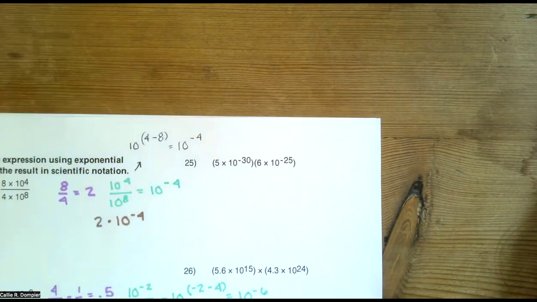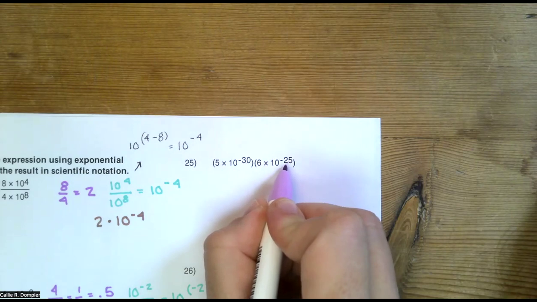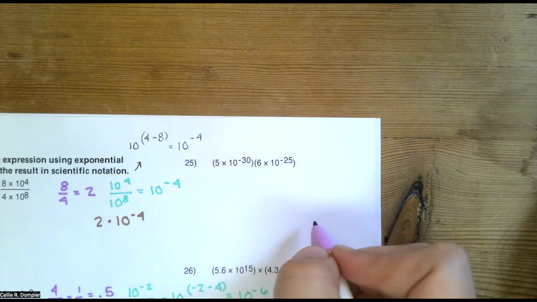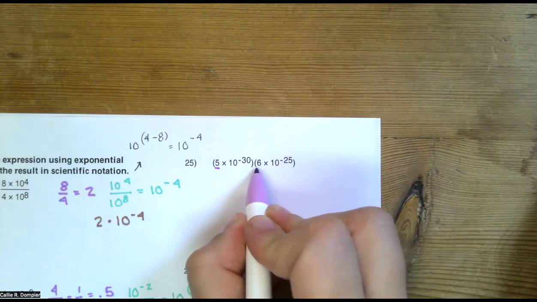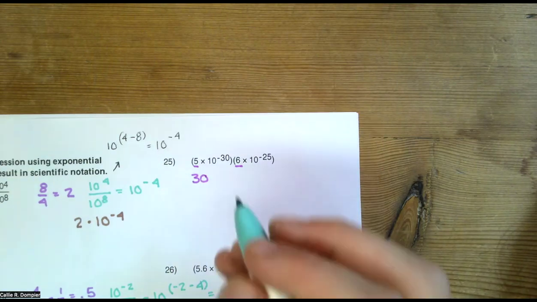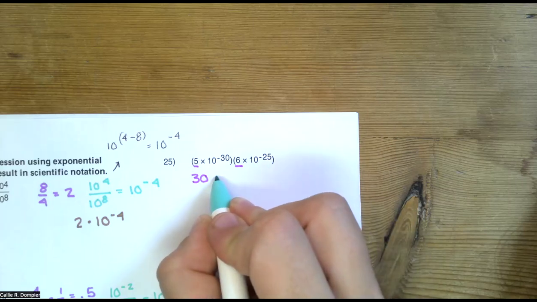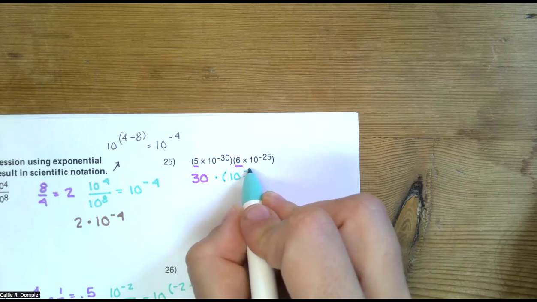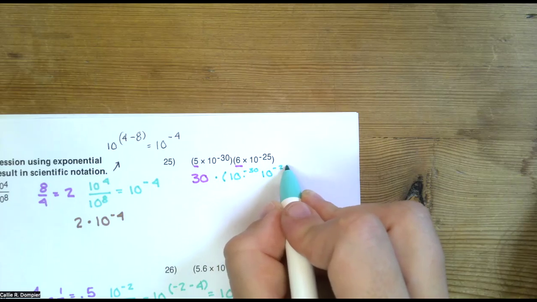Here, your numbers are pretty big, so I wouldn't convert these out of scientific notation to multiply them and convert them back into scientific notation. I wouldn't do the middle option. 5 times 6 is 30. 10 to the power of negative 30 times 10 to the power of negative 25.